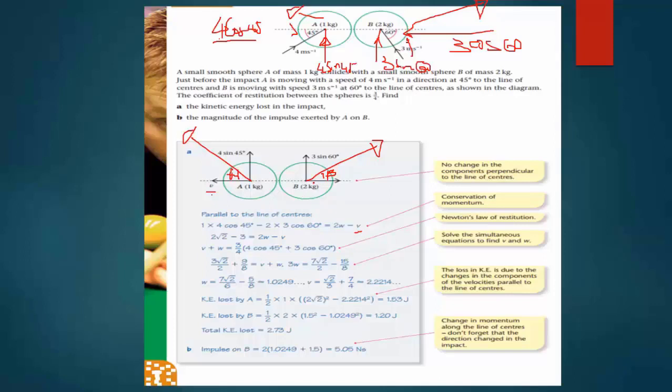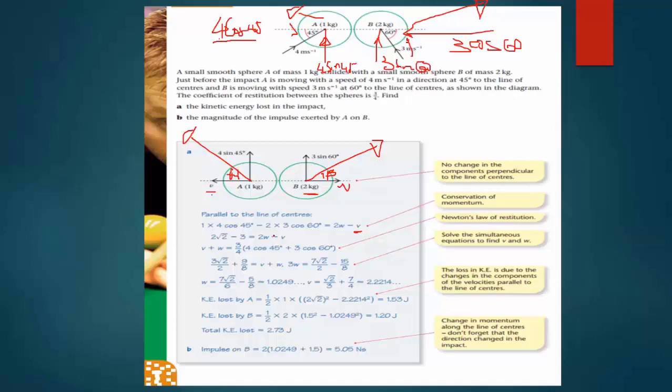Again for W ambayo ndio horizontal component ya after collision ya B, mass ni 2 kg times velocity ya B ambayo tumesema ni W. Kuna kwa 2W, ndio tulishasema ni positive to the right. Hapa to the left ilikuwa negative, but after collision ya A ndio imekuwa inaenda to the left, kwa ndio imekuwa negative. Kwa remember to the left ilikuwa negative, kwa ndio maana we say directions are very very important.